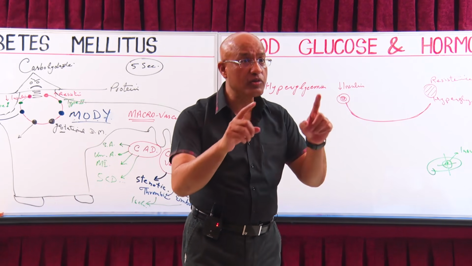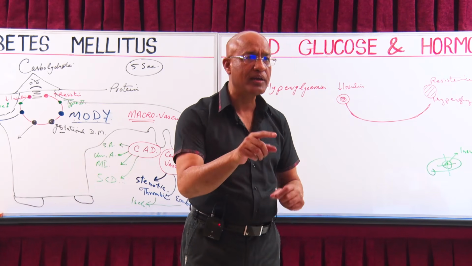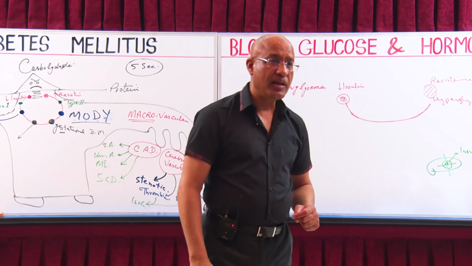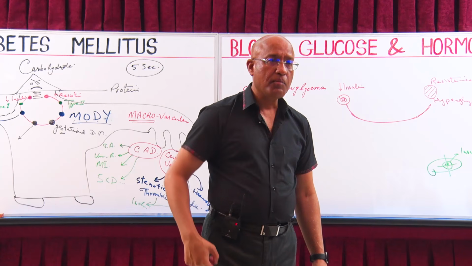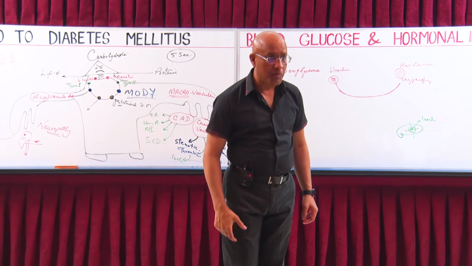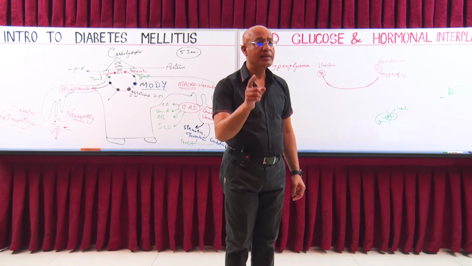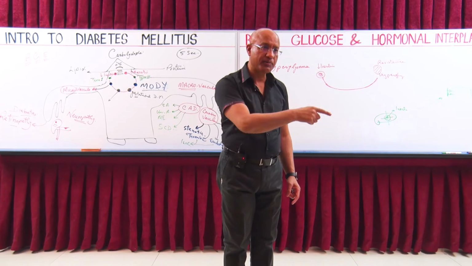And this also contributes to diabetic foot disease, because as I told you previously, macroangiopathy in the lower limb produces ischemia to the foot. They contribute to the ischemic damage to the diabetic foot.